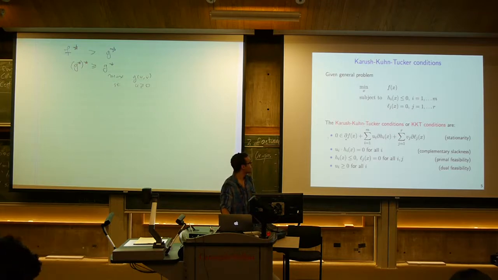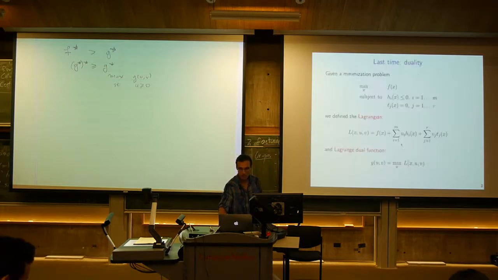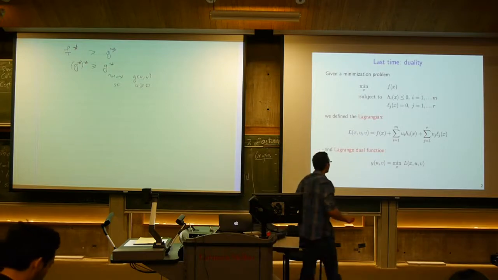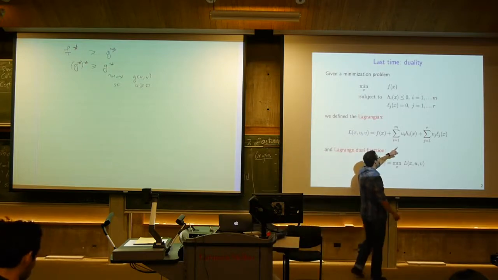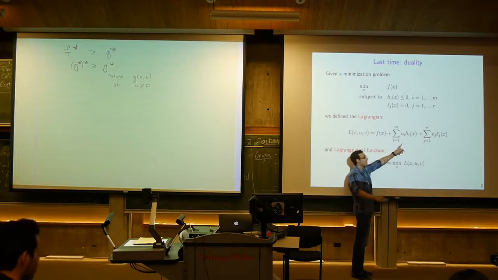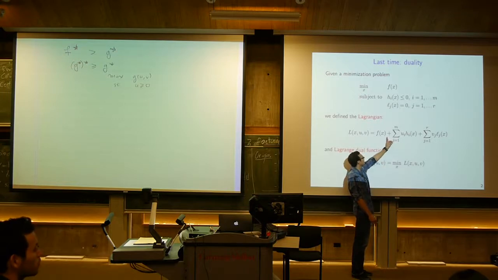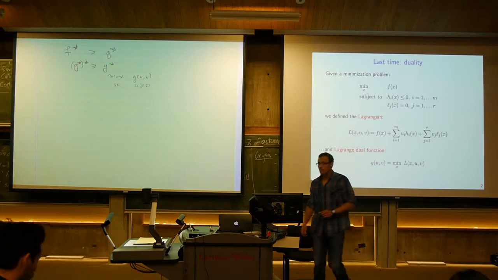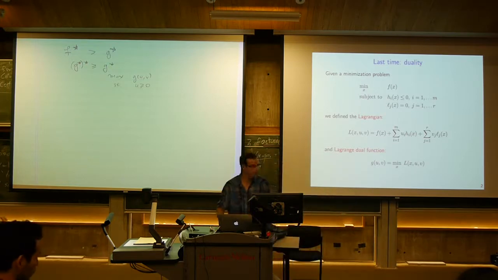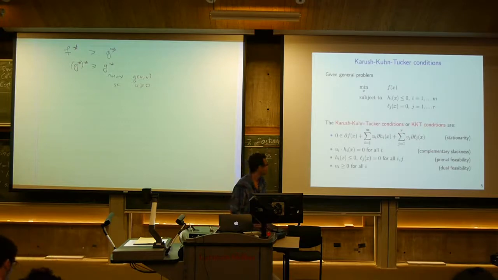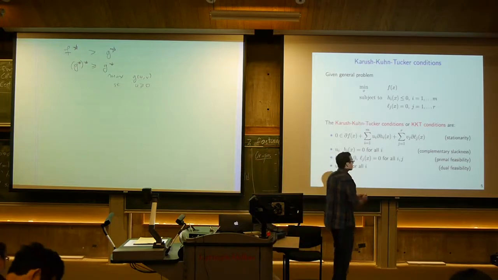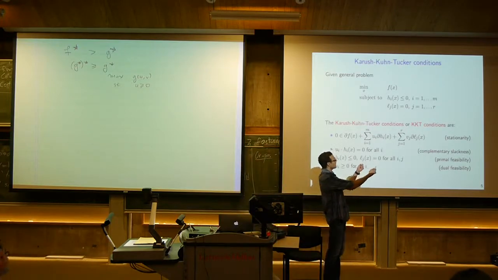The first asserts that if we were to take the Lagrangian as a function of x, and we were to fix u and v at just some values, then if I take the subgradient of the Lagrangian at the point x, it must contain 0. Okay, so the KKT conditions apply to a triplet x, u, and v.